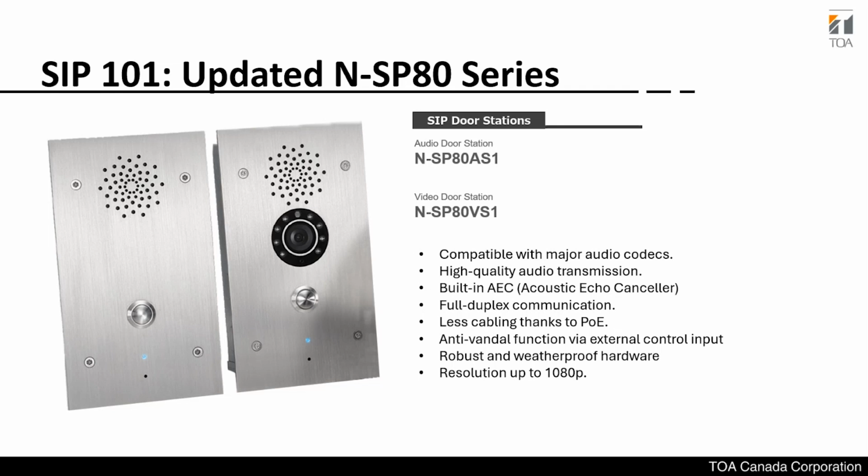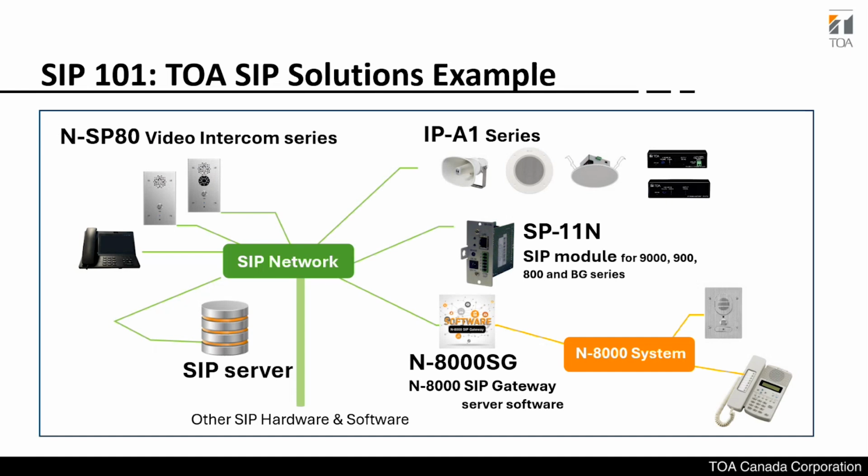This is one of the solution examples, showing every series that we have here. In the center is the network, and to the IP network can be connected all the N-SP80 series that can work with the SIP server.